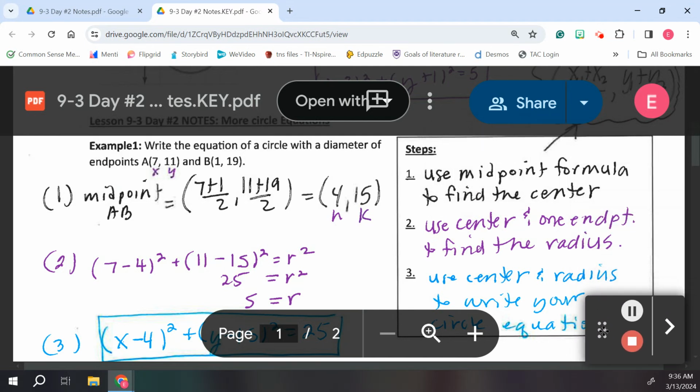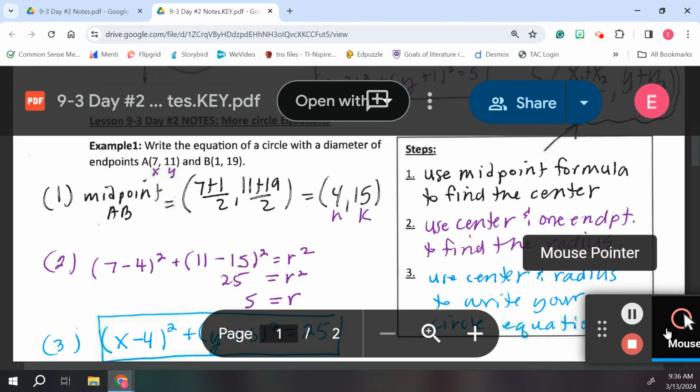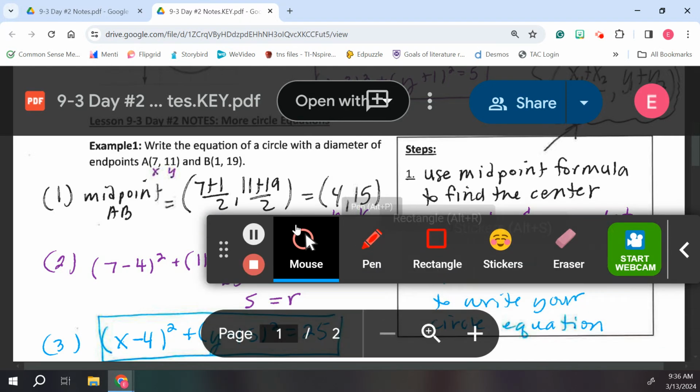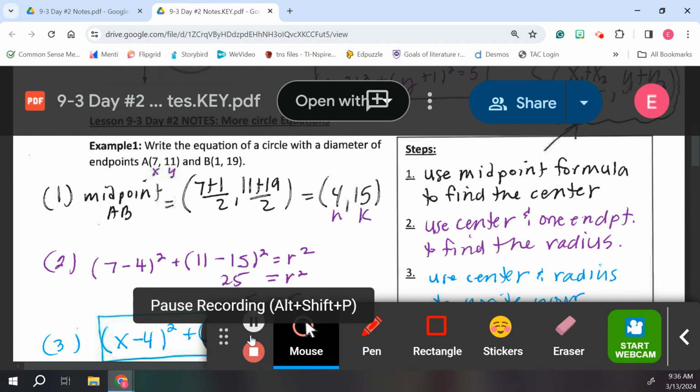I thought it was going to. Let's see. There's really nowhere for me to put this.